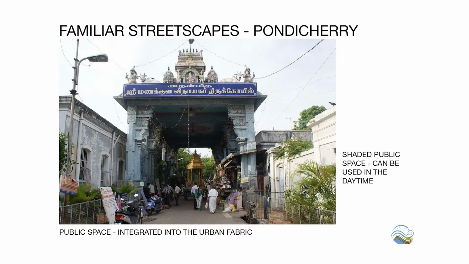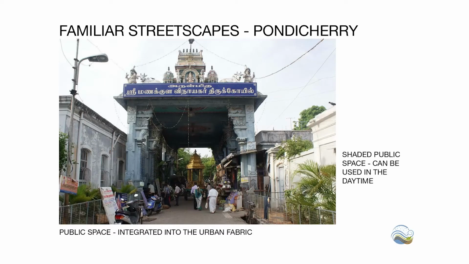It has different proportions, different functions. And the beauty of shared spaces being integrated into the urban fabric is that it creates so many possibilities. In this case, it's the temple, which is totally integrated.